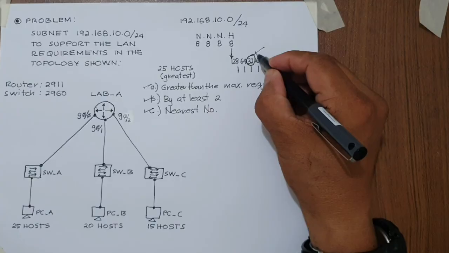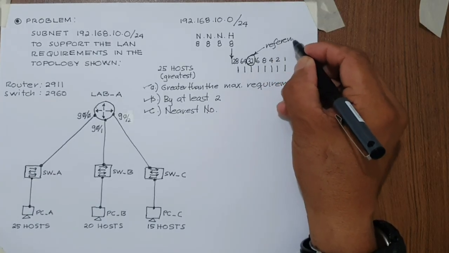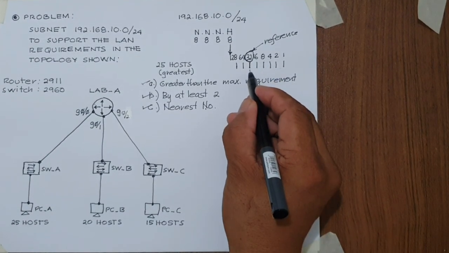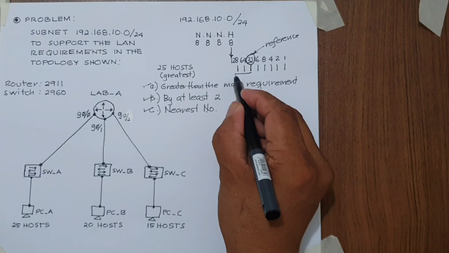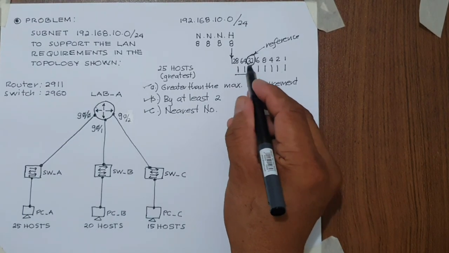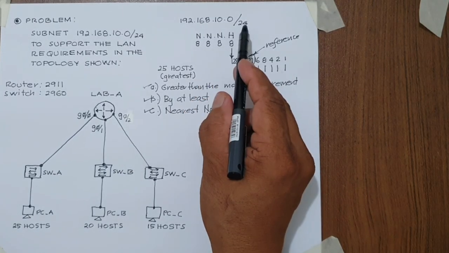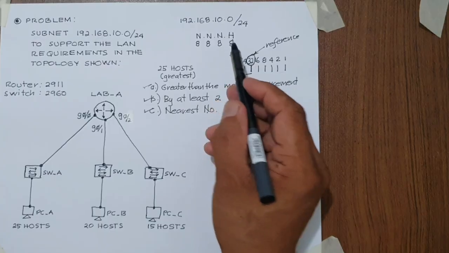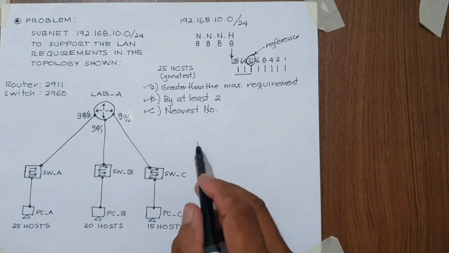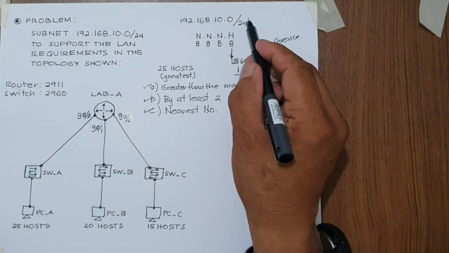So we call this the reference number, and for the bit below it, count the number of bits to the left. These are the bits that we are going to add to the 24 bits, and that will be the bit mask of all the subnetworks that we will be using out of this network.